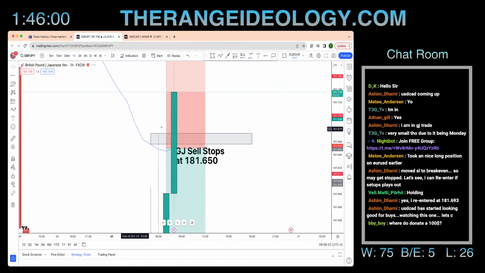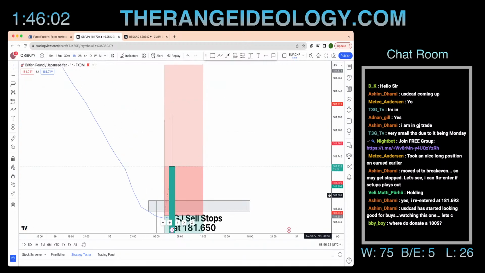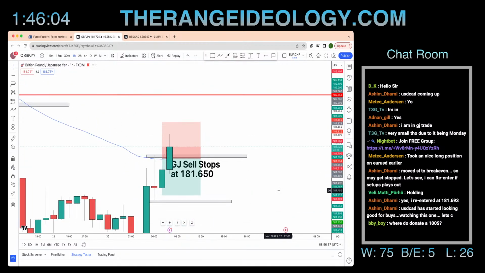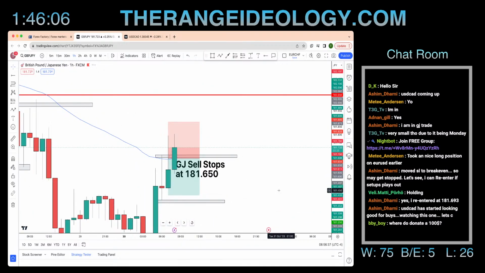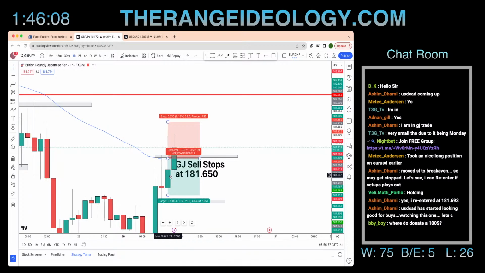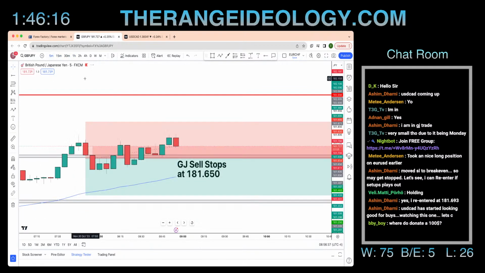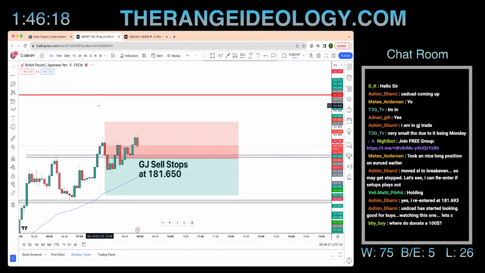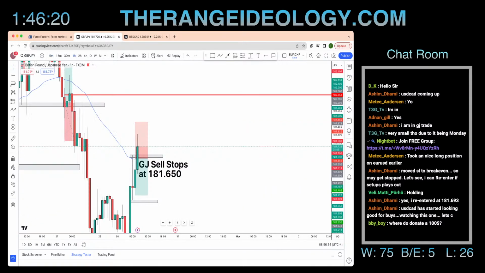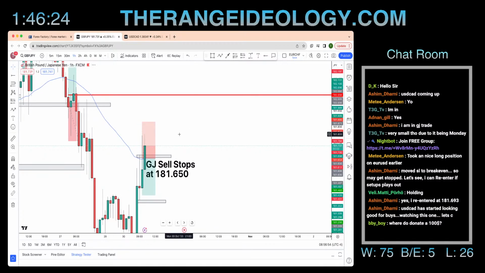Can this reverse all the way back? Again, you can see the previous 1-hour did reject. Does this current 1-hour do the same thing? Well, it is making a strong push now. 4 minutes left, guys.